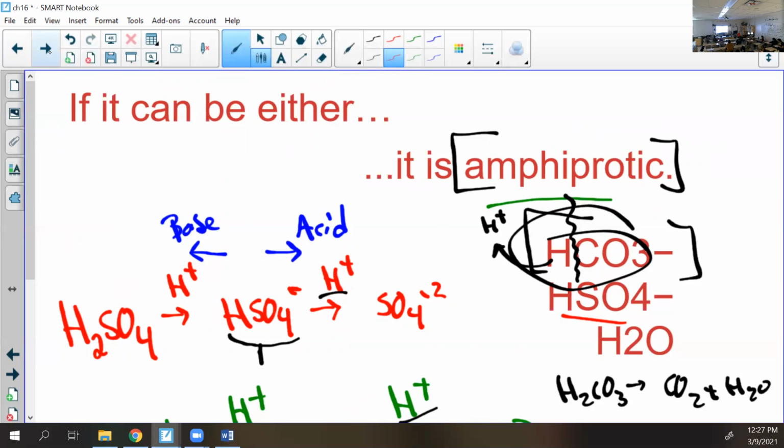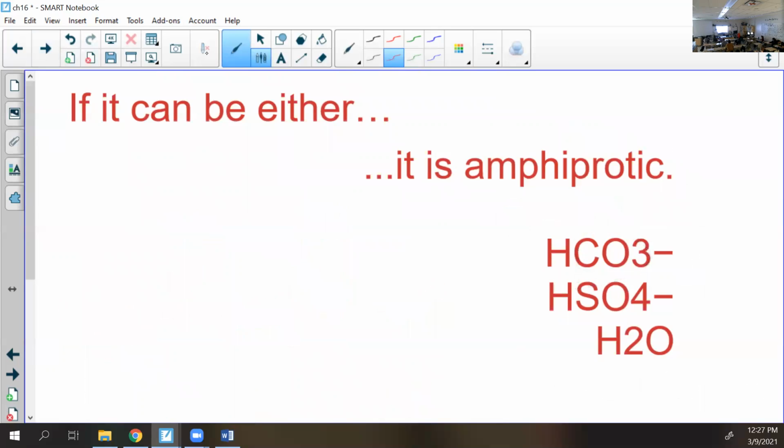Okay, if it can be either, this is a word you should know. We call it amphiprotic. That means it can accept or it can donate. And these will make sense if we write them out. We have hydrogen carbonate.